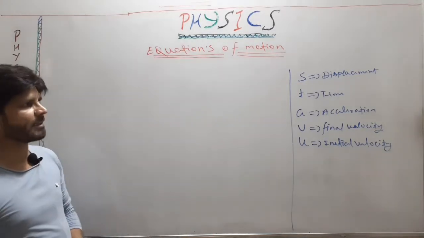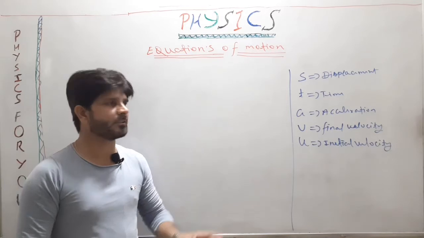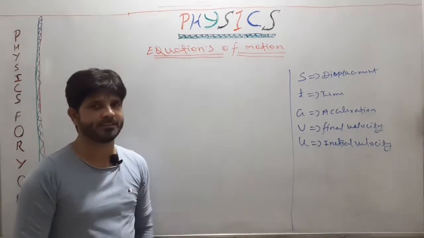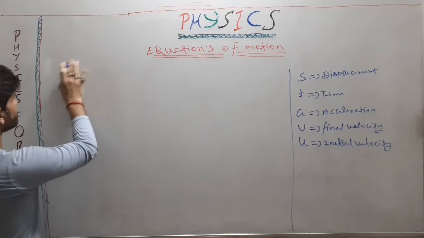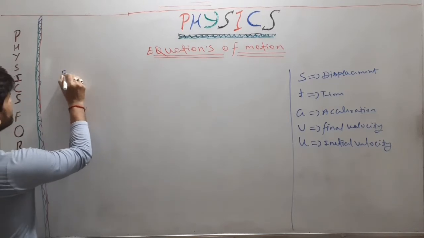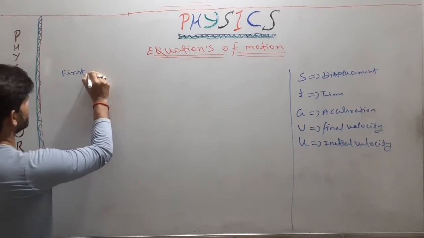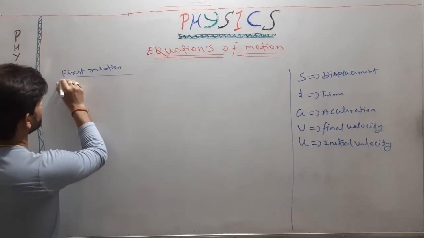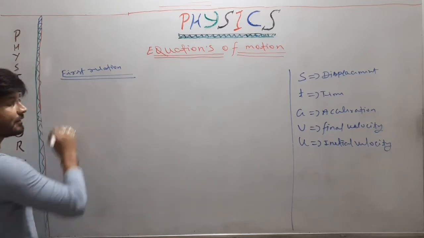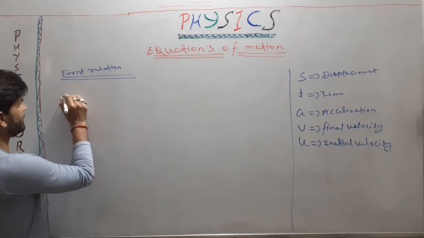In this particular class, we are going to find out the relations between these four quantities. The first relation is named the velocity time relation. First method.